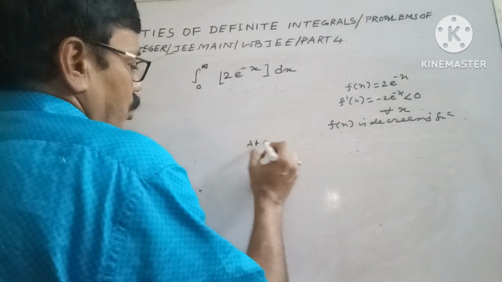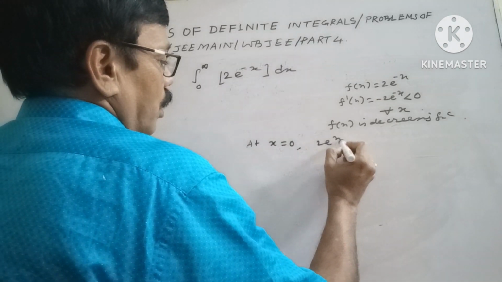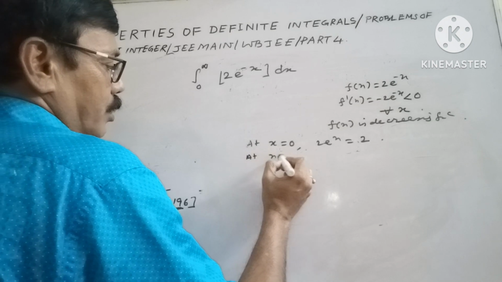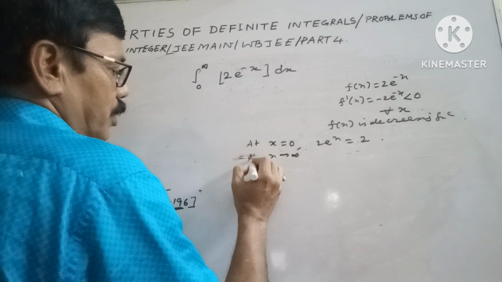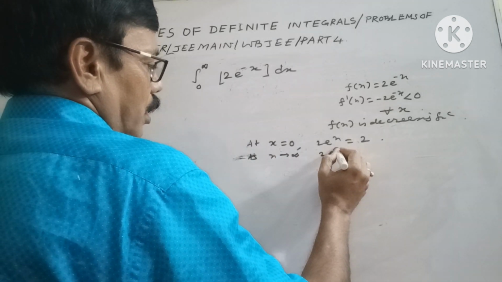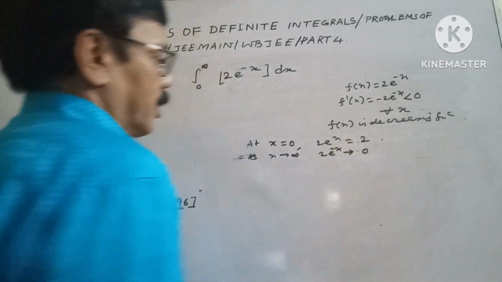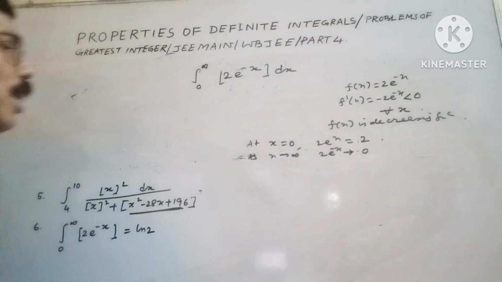So at x equals 0, 2e to the power minus x equals 2. As x tends to infinity, it tends to 0, because e to the power minus x tends to 0 as x tends to infinity.